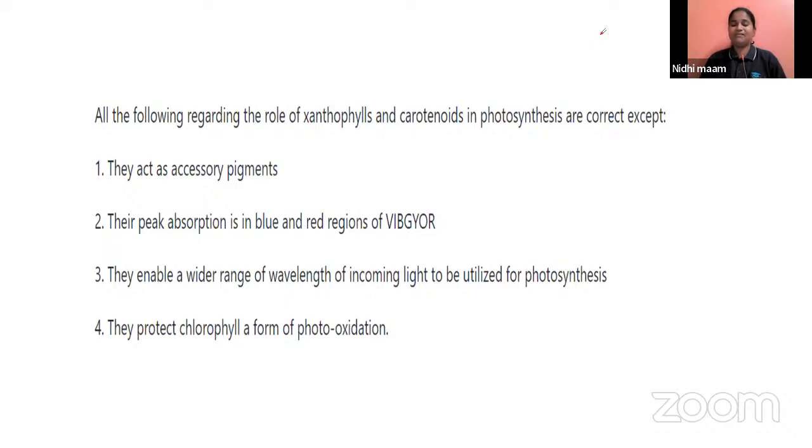Except these roles, which role do they not play? Yes, YouTube students, what is your response on this?